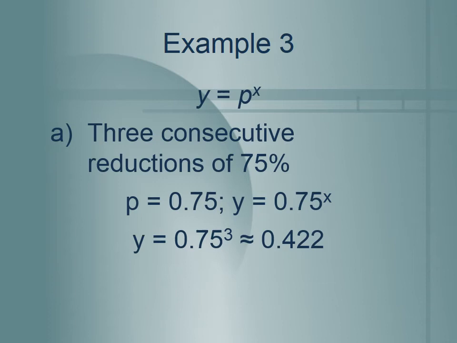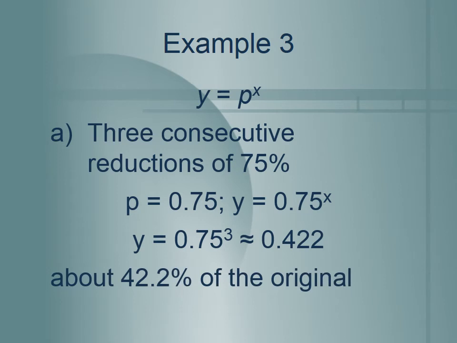In our calculators, we'll put 0.75 to the third power, and we're going to get approximately 0.422. We can change that 0.422 back into a percent, and that tells us that if we do 3 reductions of 75%, then we have 42.2% of the original.